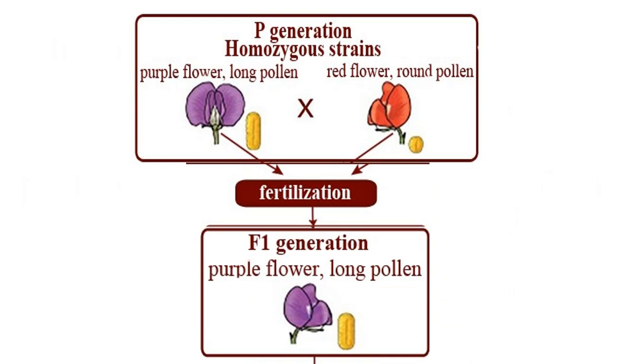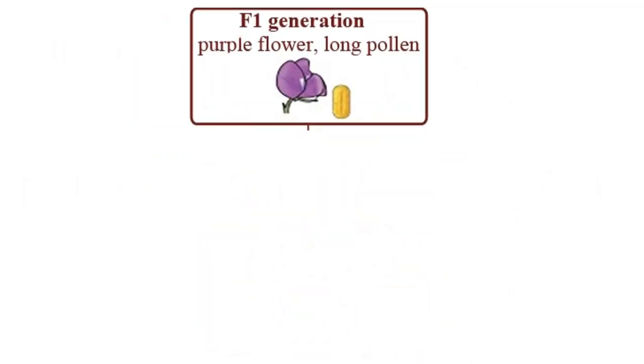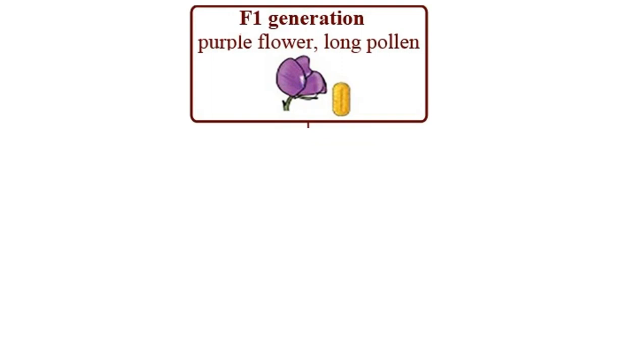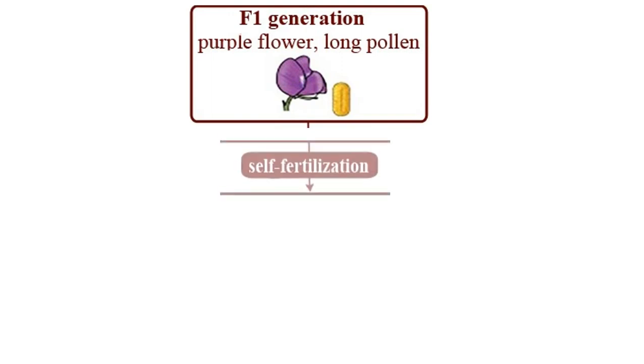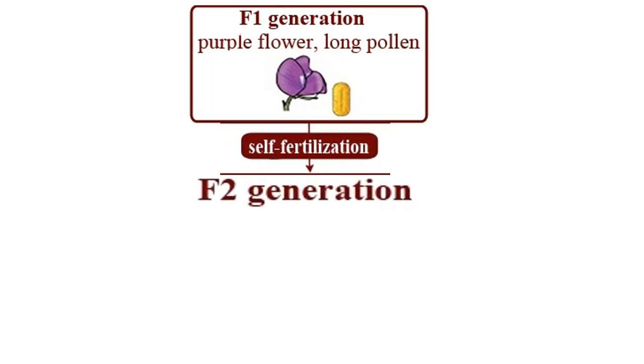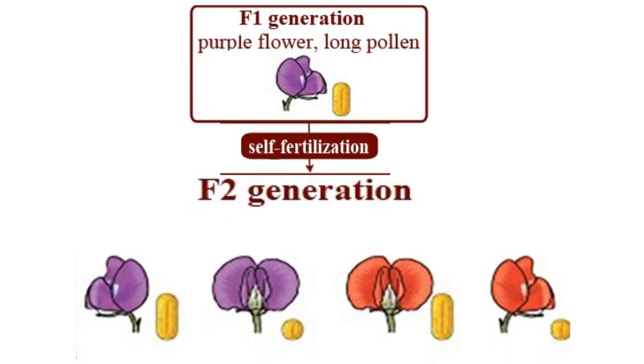So all the F1 generation was 100% purple long. When this F1 generation is self-fertilized, in the F2 generation we would observe four phenotypes: purple petals with long pollen, purple petals with round pollen, red petals with long pollen, and red petals with round pollen.